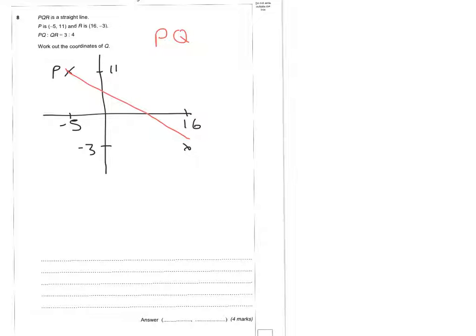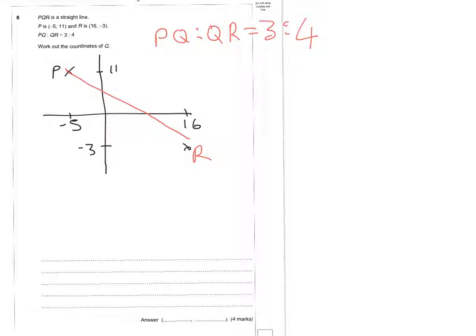PQ to QR is in the ratio 3 to 4. Okay, so I'm going to first work out the length of PR.